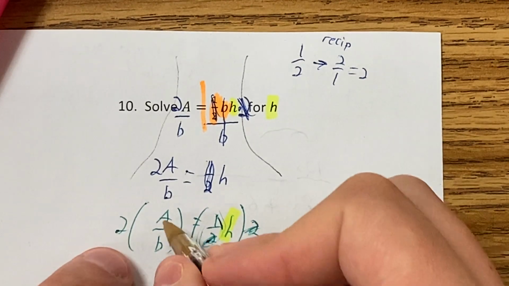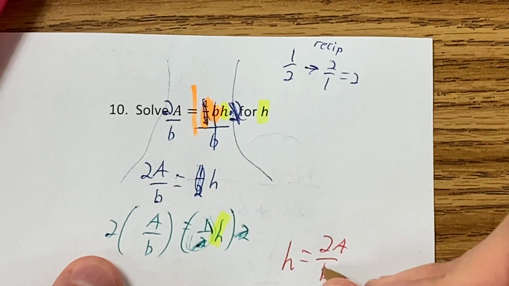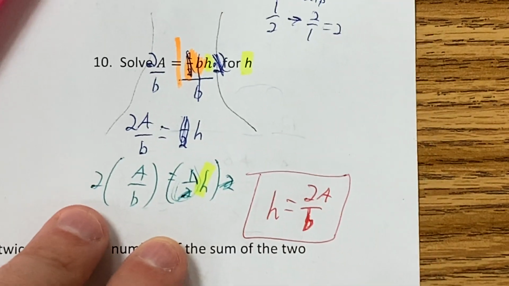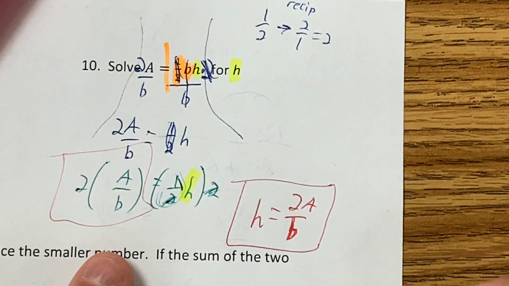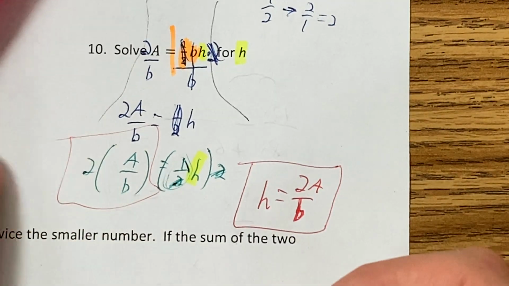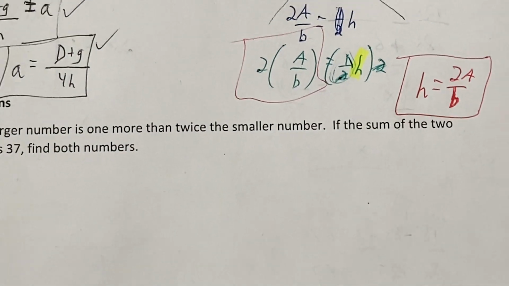And then here it is, 2 times a over b, lowercase b. If you wrote it like this, that would be fine as well. It's just the 2 would go on top and not down bottom. Don't put a 2 down there. Okay, that's it for the equations part.